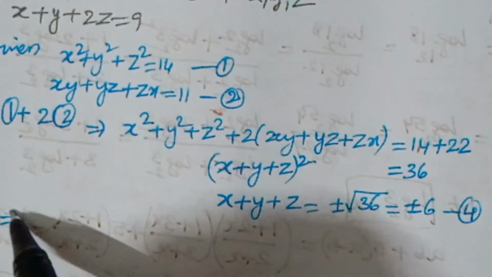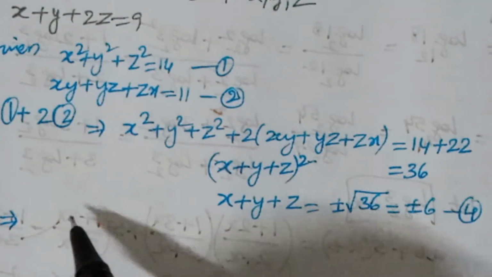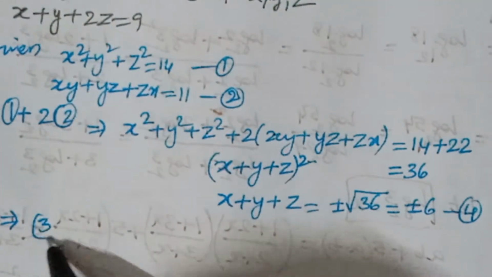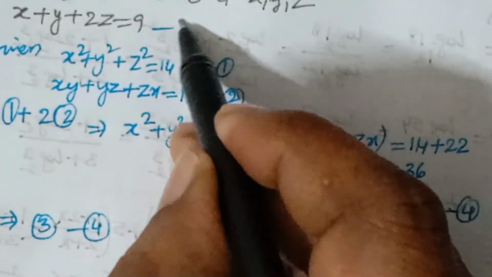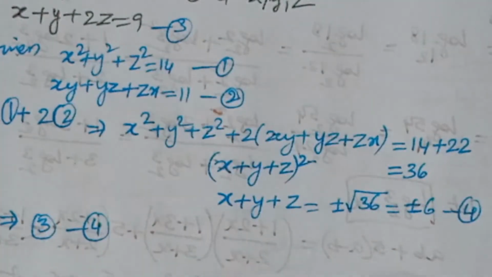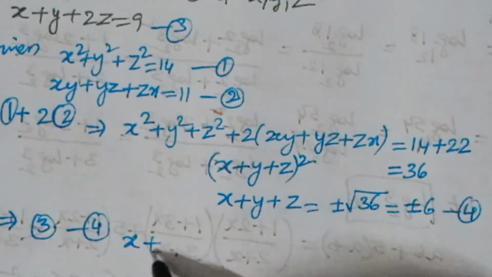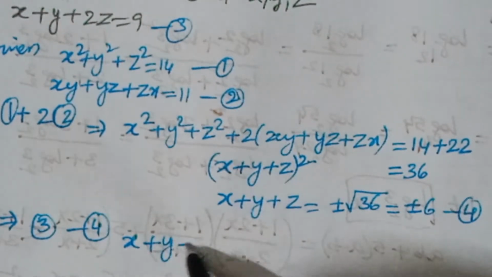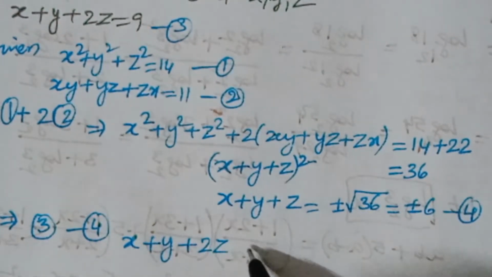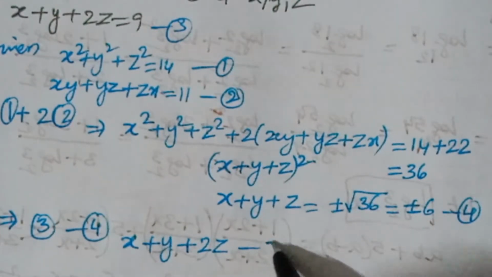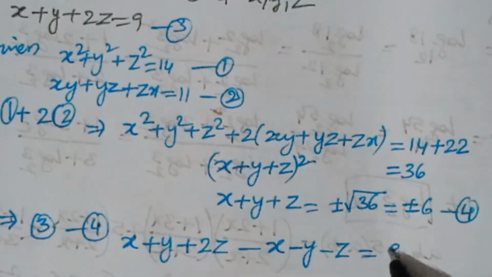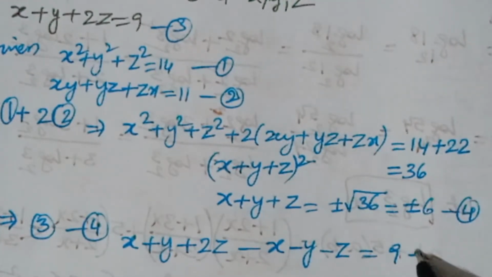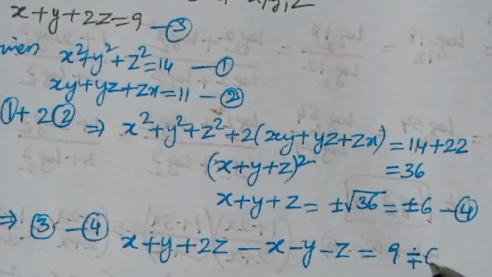Here we are subtracting the third equation minus the fourth equation. The third equation is x + y + 2z = 9, minus the fourth equation, x + y + z = ±6, so 9 minus or plus 6.